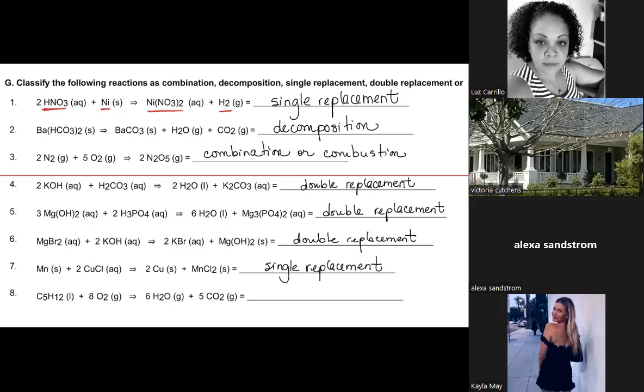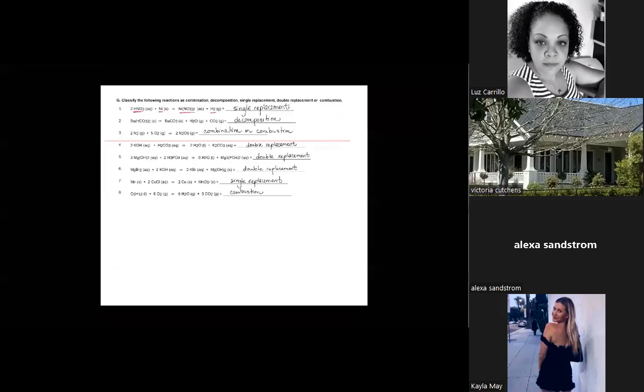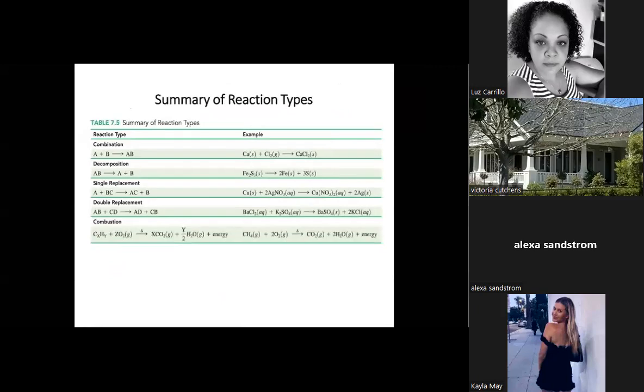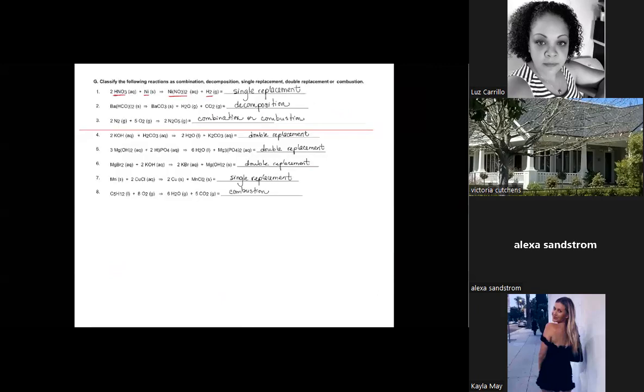You see oxygen on both products. Think about it. Carbon and hydrogen. Thank you, Dania. This is a combustion reaction. Okay. Remember, all of your reactions are summarized in table 7.5. You need to know how to classify them.